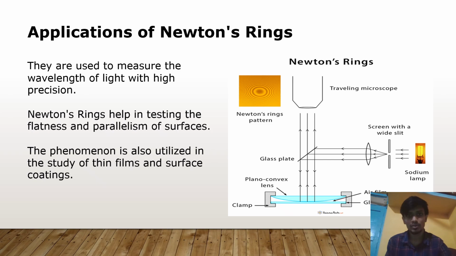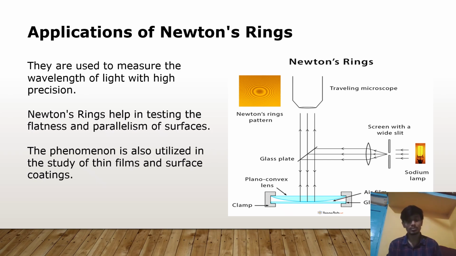Applications of Newton's rings. They are used to measure the wavelength of light with high precision. Newton's rings help in testing the flatness and parallelism of surfaces.